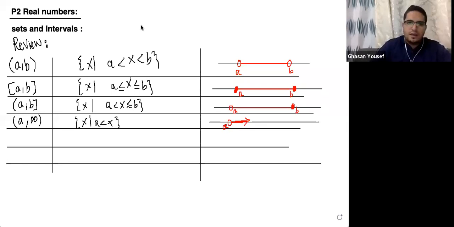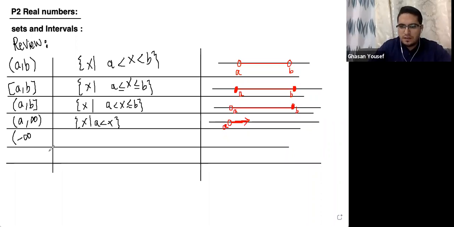And we have another one, from minus infinity. This is the symbol of infinity.